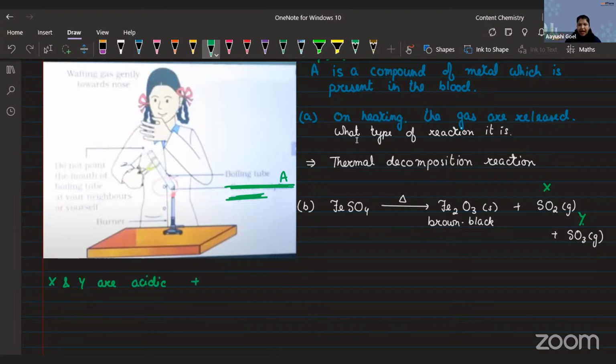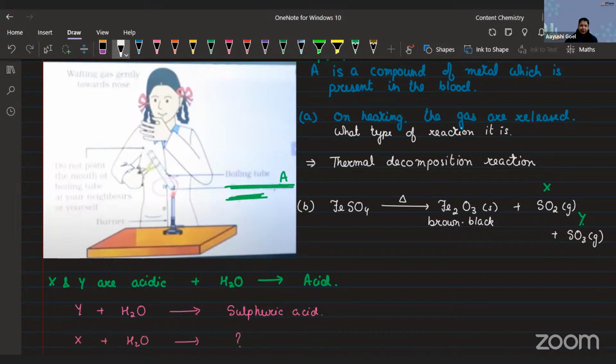Add with water, you will get acid here. So let's say if you react Y with H2O, you are getting sulfuric acid. And what will happen if you take X with water? What is it going to produce?